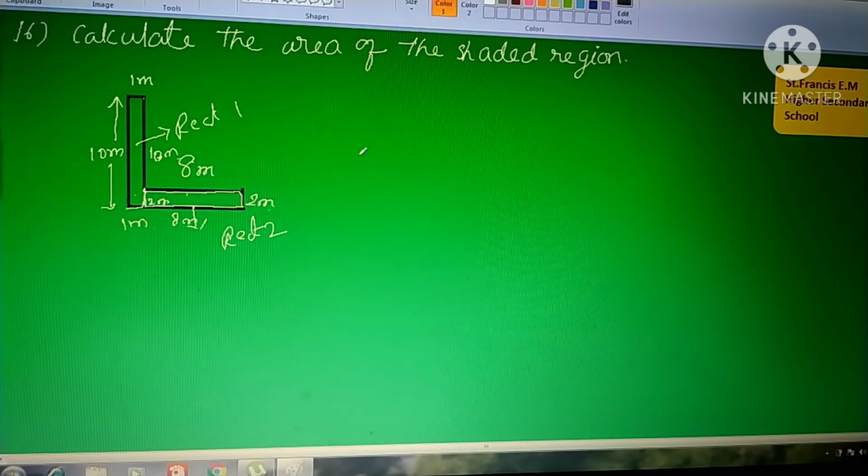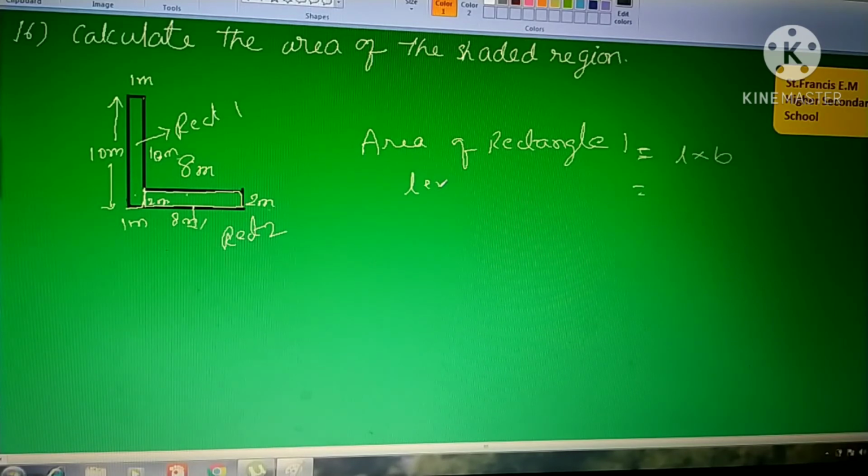Now see this one, area of rectangle 1. We can take it as the vertical rectangle and this is the horizontal rectangle. Like that also you can mention. Okay, area of vertical rectangle, area of horizontal rectangle, like that. So I am denoting it with the name rectangle 1. Okay, area of rectangle 1 is equal to, what is the formula for area of rectangle? L into B. Okay, what is L here for rectangle 1?